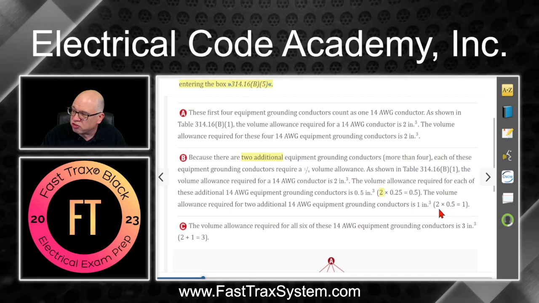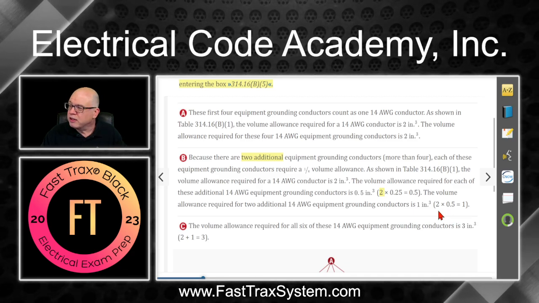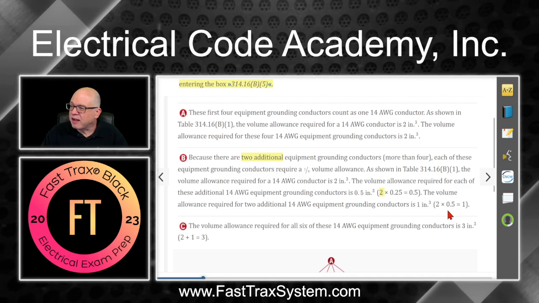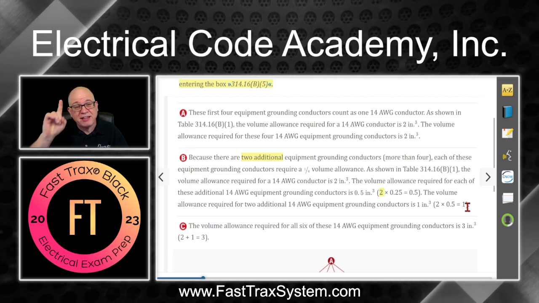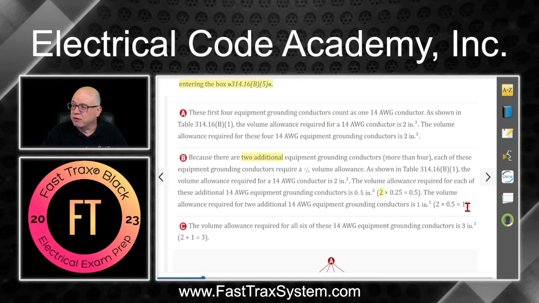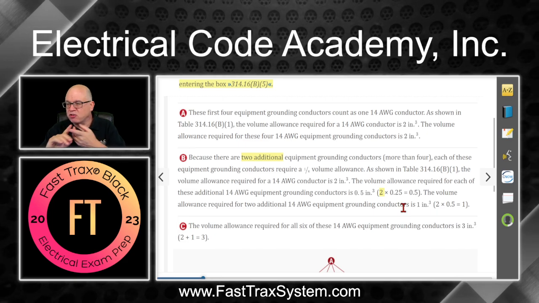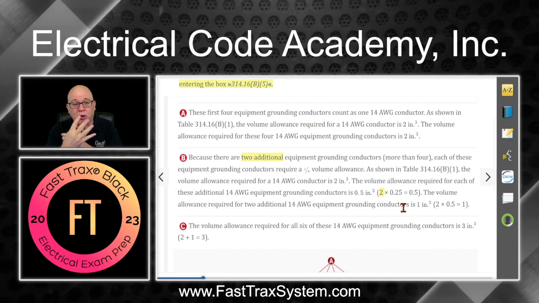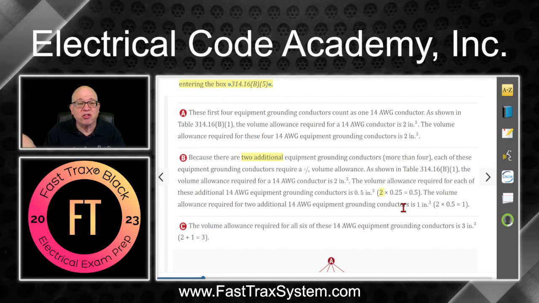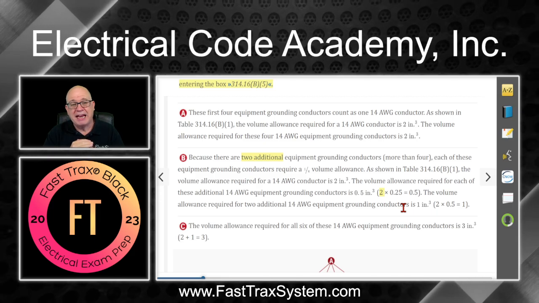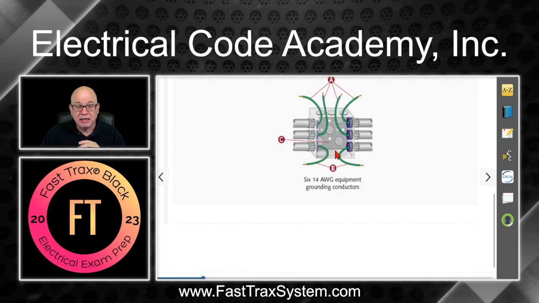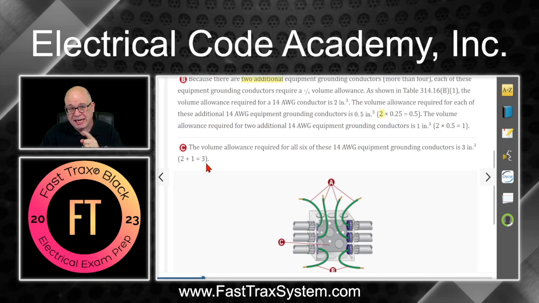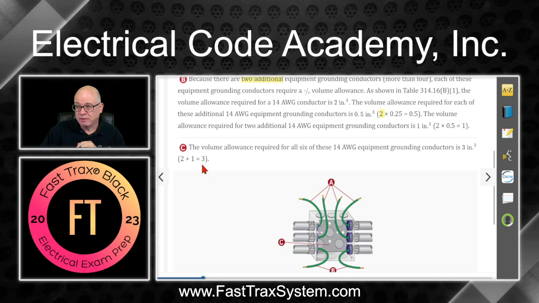So basically it's 2 conductors over 4 times 0.5 equals 1. So it's 1 additional conductor volume count. So you take the 2 from the up to 4, and now you're just going to add an additional 1 volume count to that. So the equipment grounds in this box equal 3 cubic inches.